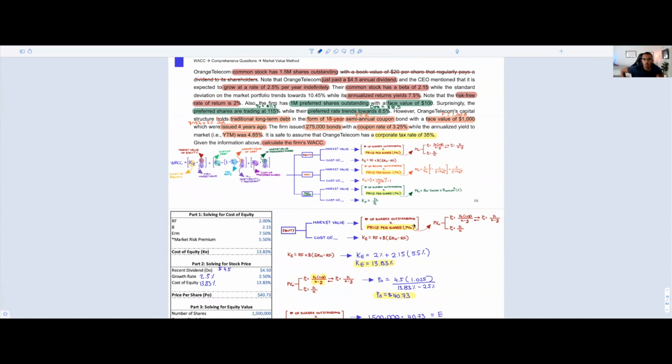Being able to walk through the market value and the cost of any given portion, equity, debt, or preferred shares is something that you will very much need within a final exam, very much need within a final project or assessment. And these skills are going to carry forward towards future finance courses you will take in your major during your undergrad, especially if you're somebody trying to get a sense of some materials before entering their MBA or their master's. Understanding how to walk through this is also very crucial.